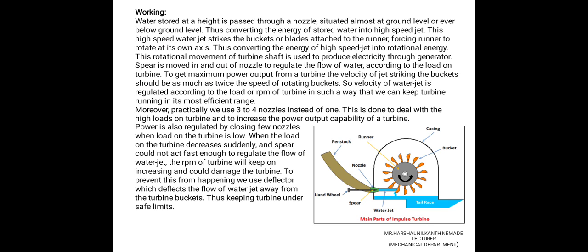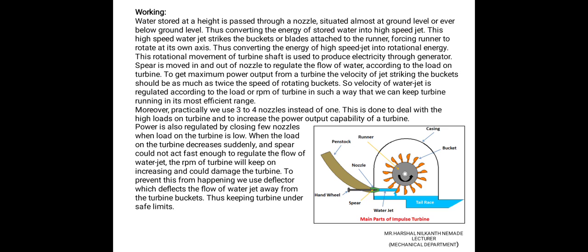The spear is moved in and out of the nozzle to regulate the flow of water according to the load on the turbine. To get the maximum power output from the turbine, the velocity of the jet striking the buckets should be twice the speed of the rotating buckets.